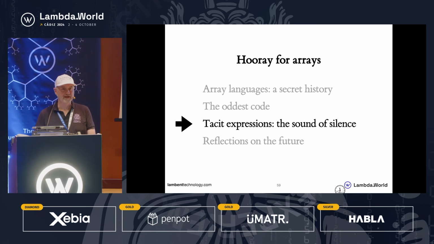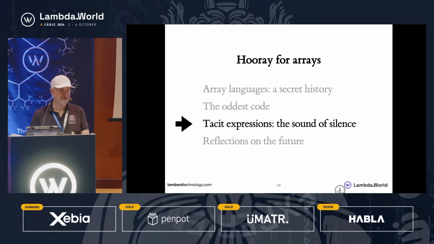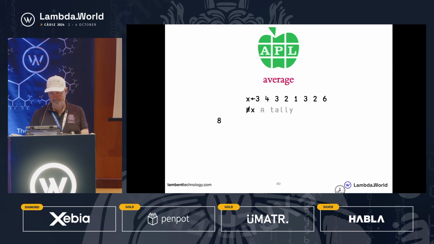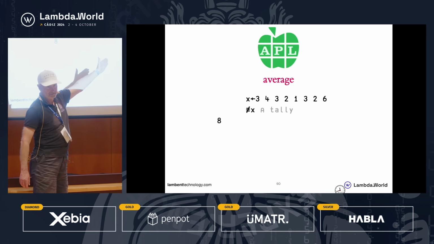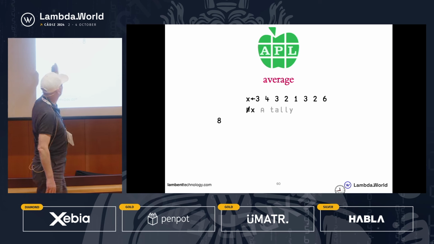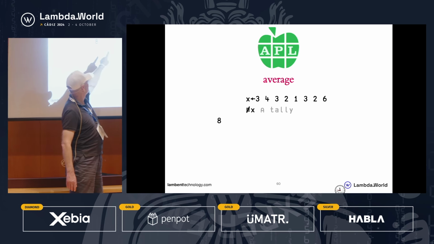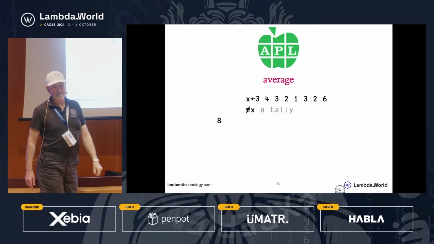Now let's look at what point-free programming can look like in this language. Here's a list, a numeric list, and here's a function called tally, which gives you the length of the list.